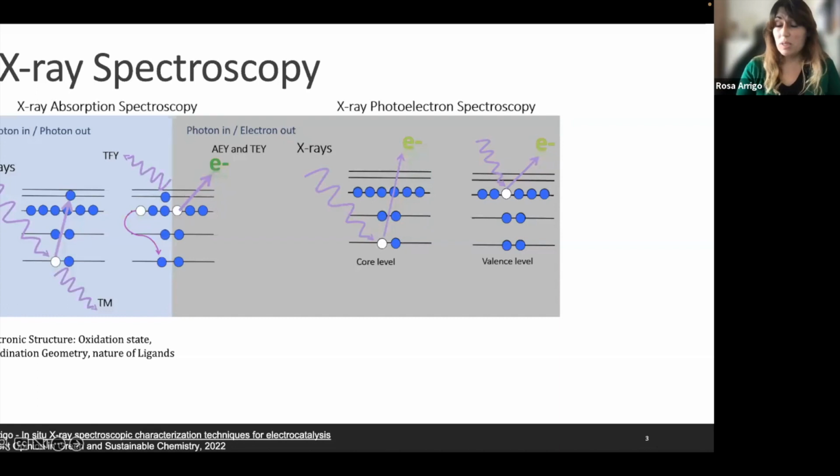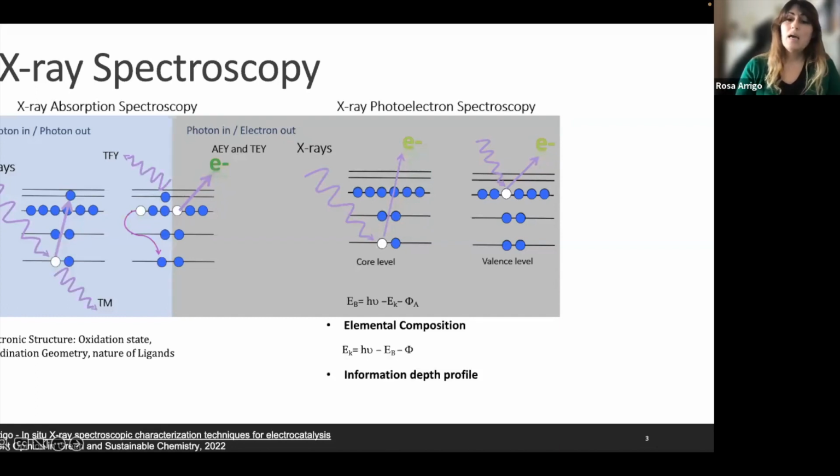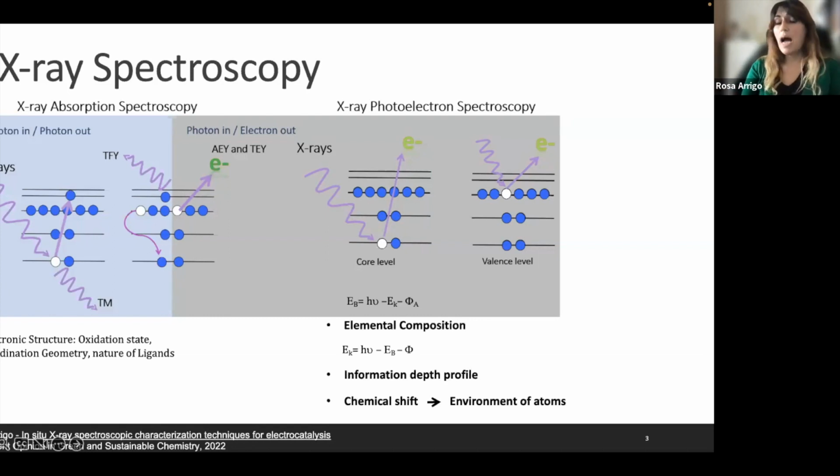You are probably familiar with this. It allows quantitative elemental analysis, compositional depth profiling, as well as understanding the environment of the scattering atom, which is complementary to X-ray absorption spectroscopy. Not only spectroscopy, but also microscopy. You will see a lot of electron microscopy images, which we use, in combination with spectroscopy, to understand these materials.